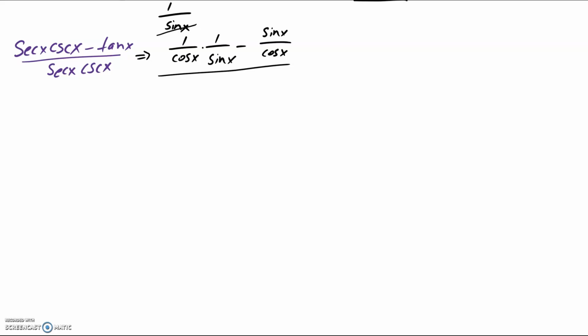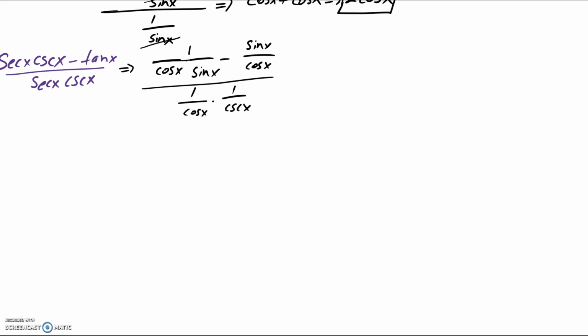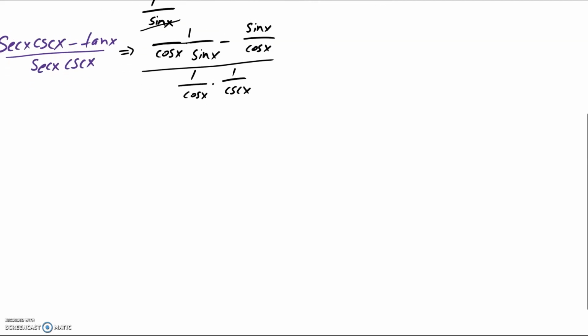Let's use the identity on this one, and these are going to be 1 over cos x times 1 over sin x. If you look at the top part you have two fractions, but the denominators are not the same yet, and to simplify them we have to make the same denominator.